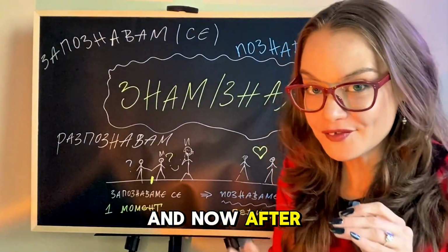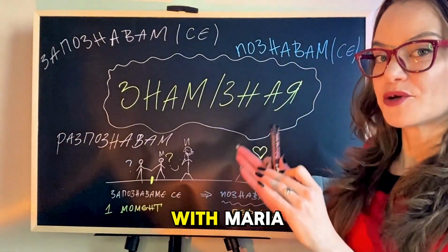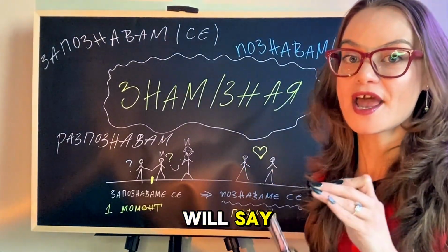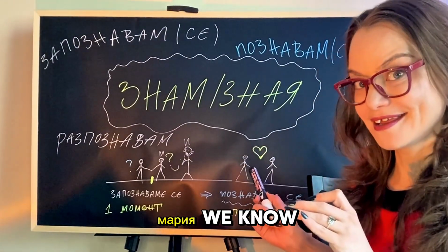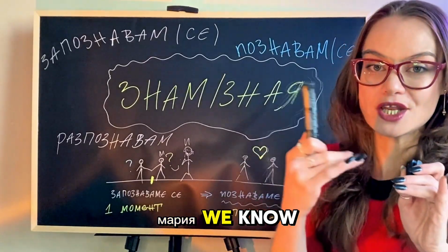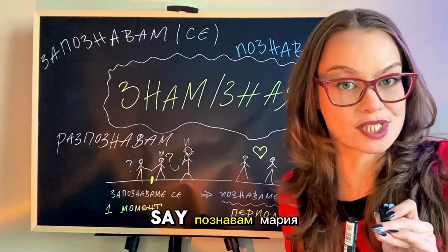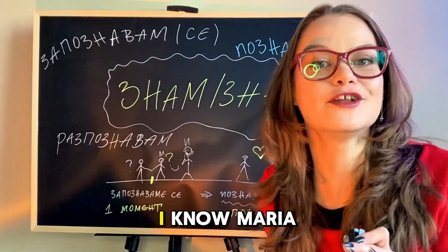And now, after we got acquainted with Maria, we know each other. So we will say Познаваме се с Maria. We know each other. Or I will say Познавам Maria. I know Maria.